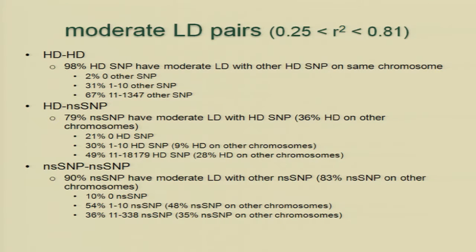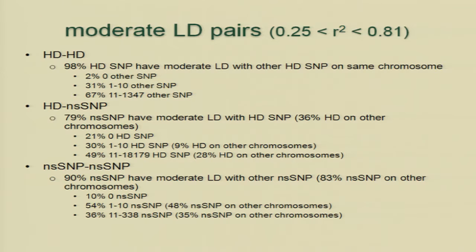And within high density, almost all the high density SNP are at least moderately correlated with one other high density, and most with up to 1,300 other high density across all bulls. Over 3/4 of the non-synonymous are moderately correlated with at least one high density, and half of them are moderately correlated with several high density SNP.